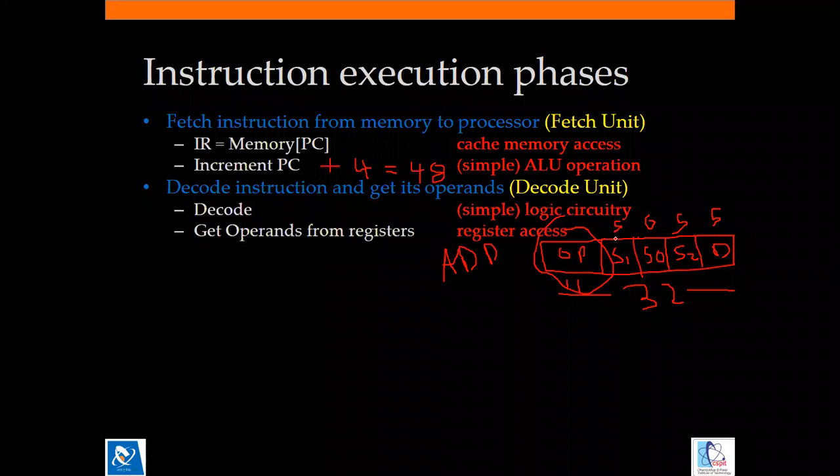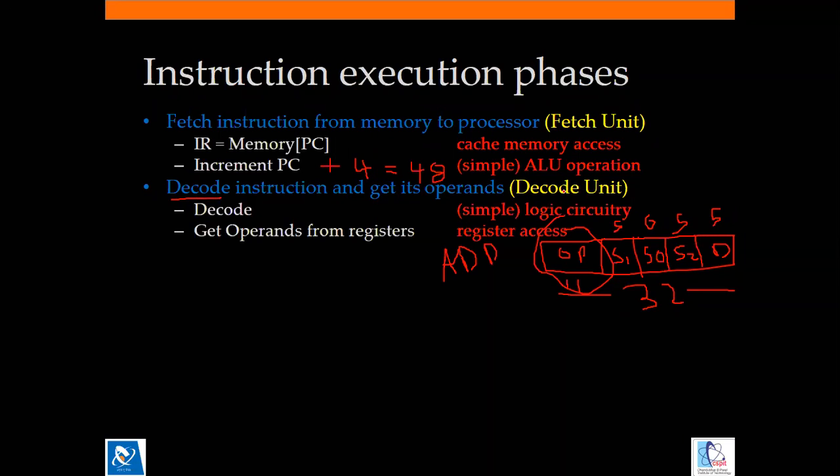These 5 bits and these 5 bits tell which registers hold the input values, and this 5-bit field tells in which register to write the final result. This operation is known as the decode operation: decoding the instruction and getting its operands.